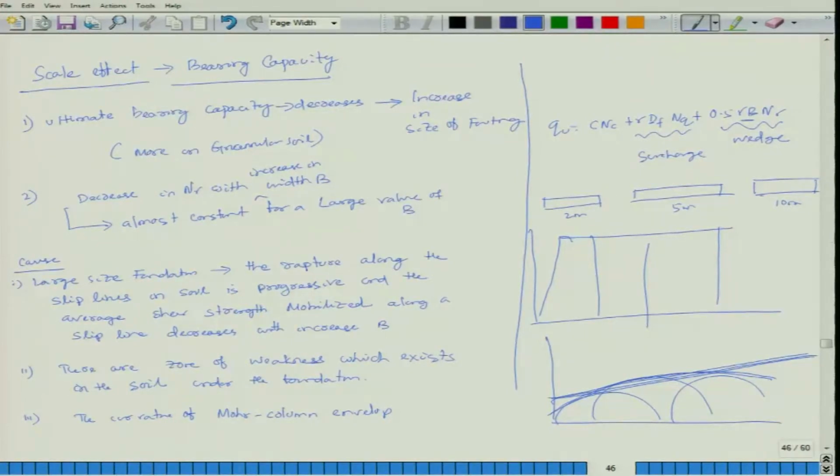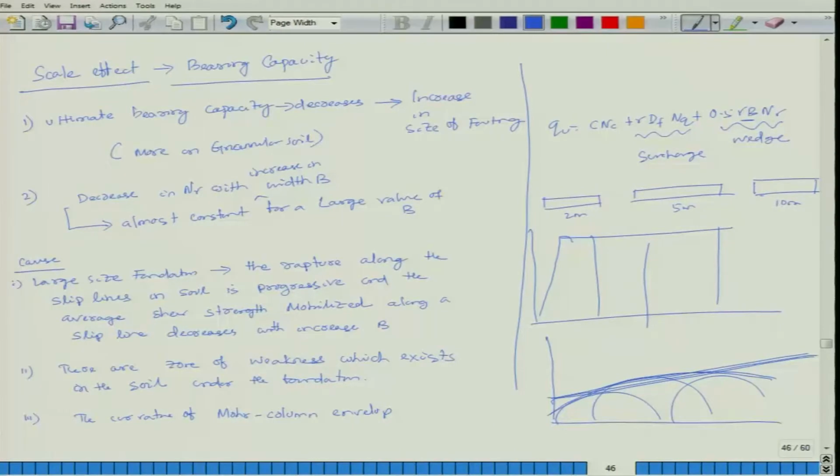Inclined face is progressive, and the average shear strength mobilized along a slip line decreases with increase in B. It is not necessarily that average shear strength will increase as we increase B. There are zones of weakness also below the foundations, but the most important part is the curvature of your Mohr-Coulomb envelope, because it is curved.